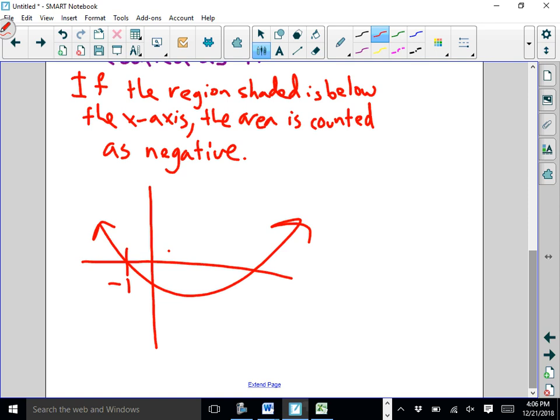And let's say I know that the area of this region here is 18. Well, if I did the integral from -1 to 4 of f of x dx, my answer would end up being -18.